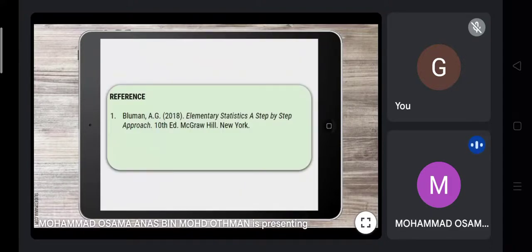My references come from ebook of Elementary Statistics, a step-by-step approach written by Ellen G. Blumen, the 10th edition. That's all for my presentation.